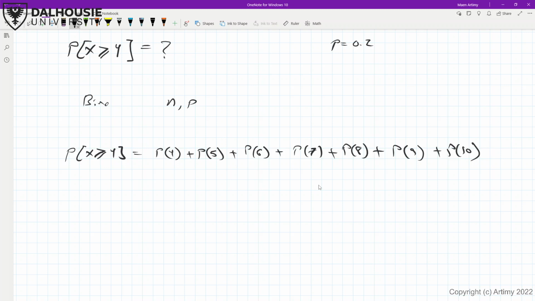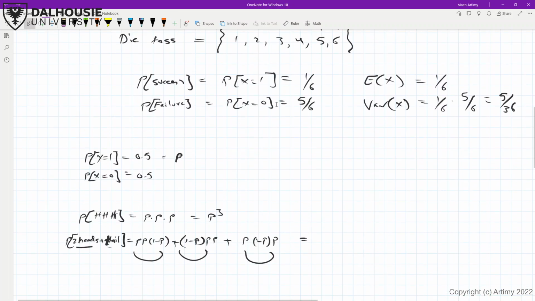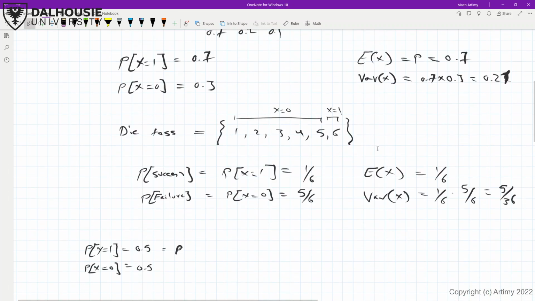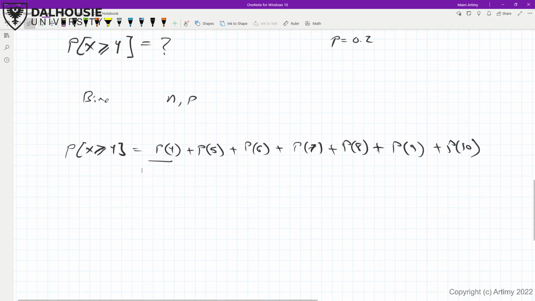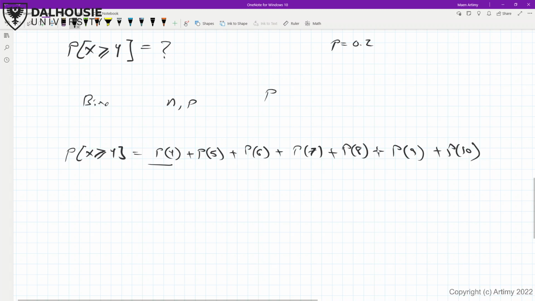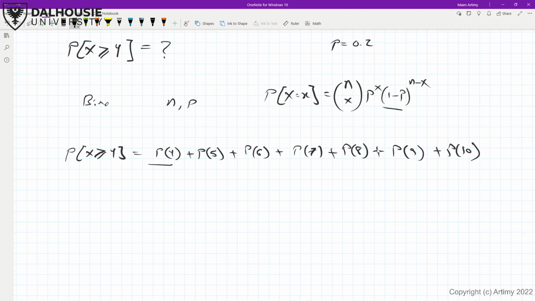Calculating this using the formula, let me write it from memory: P of x equals n choose x, p to the x, times 1 minus p to the n minus x, or you can write it as q instead of 1 minus p.